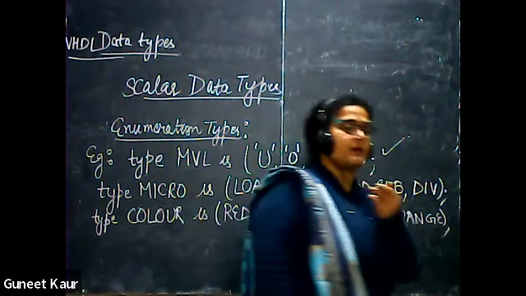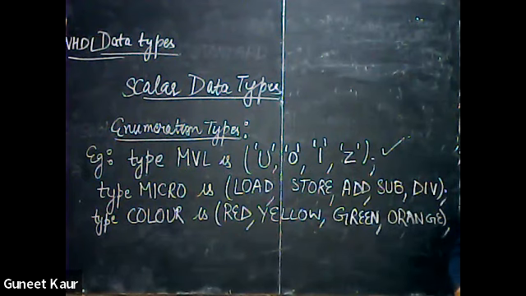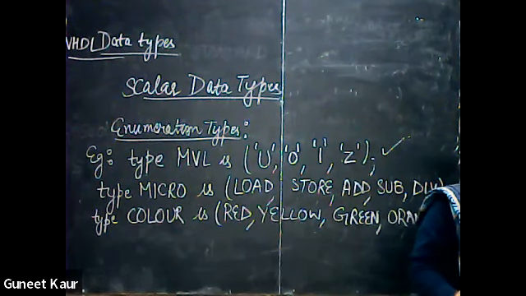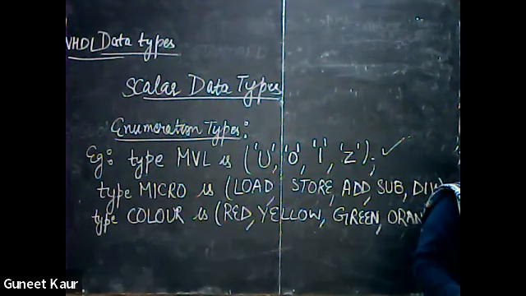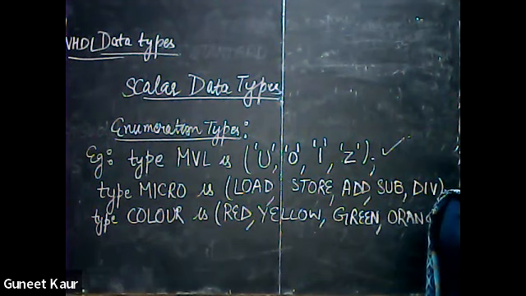Now come to the second type, that is micro. In the case of micro, the enumeration literals specified in the type declaration, as you can see in the second example, are load, store, add, sub, and div.